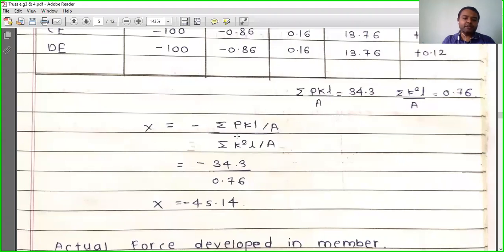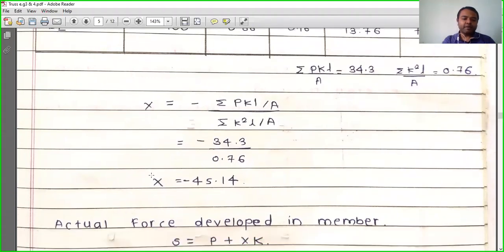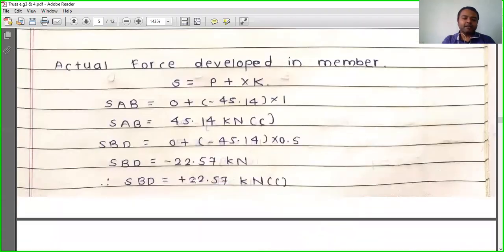X equals this summation of PKL upon A. By using this formula, find out this X value. X is the force coefficient. We are getting X as negative. Use this negative value as it is.